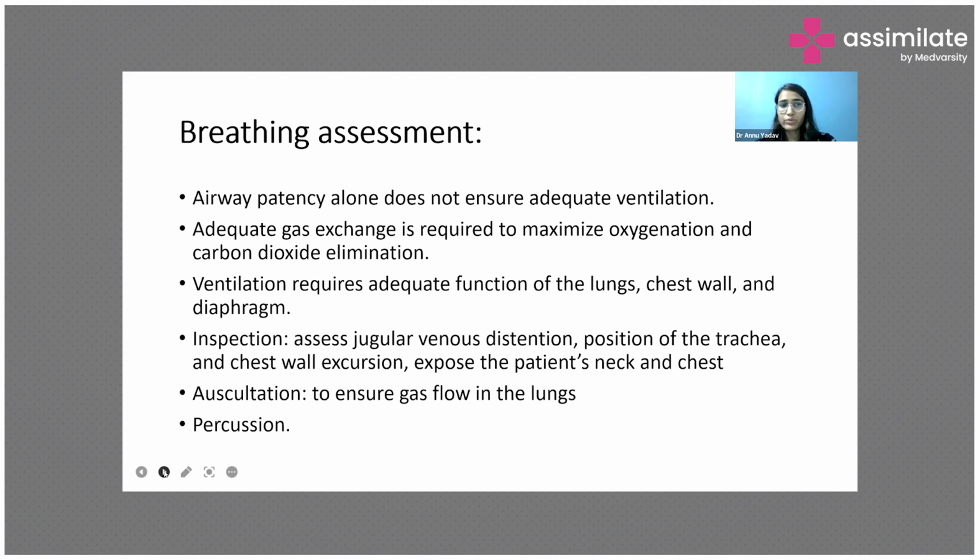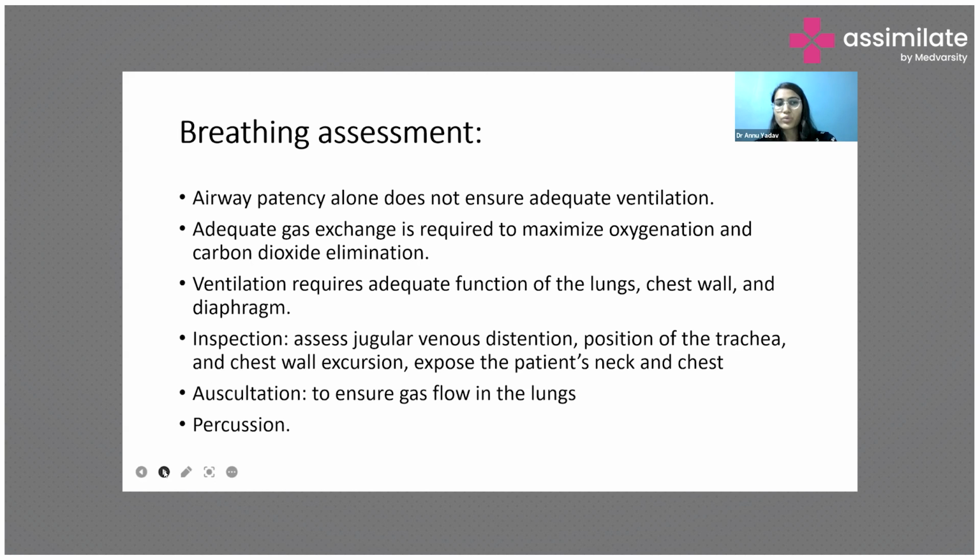Adequate ventilation means there is exchange of gases. Adequate gas exchange is required to maximize oxygenation and carbon dioxide elimination. It is very important that we have sufficient oxygen and clear carbon dioxide as well. If the patient retains carbon dioxide, it will again hamper the cerebral perfusion.